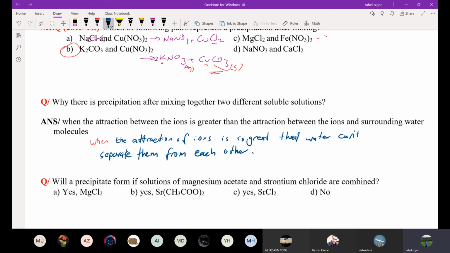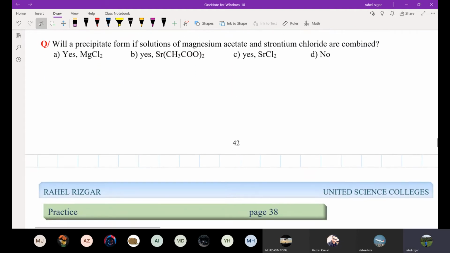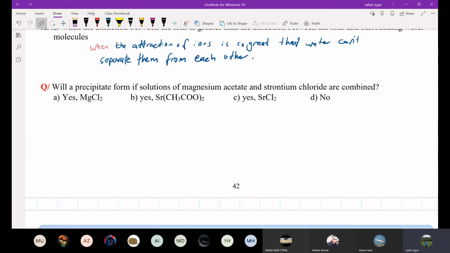All right. Try to solve this question by yourself and one of you gives the answer.